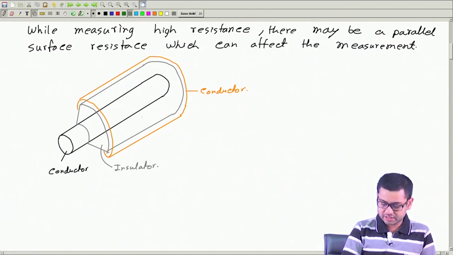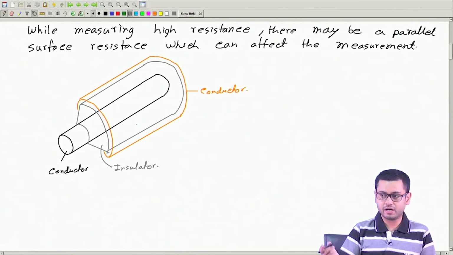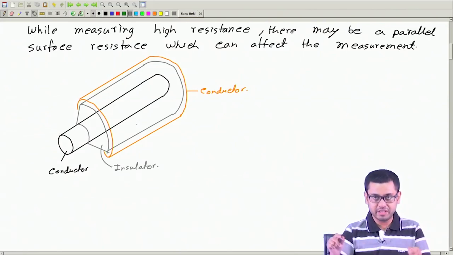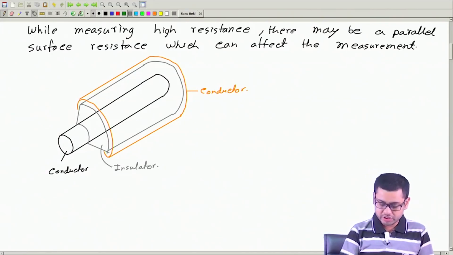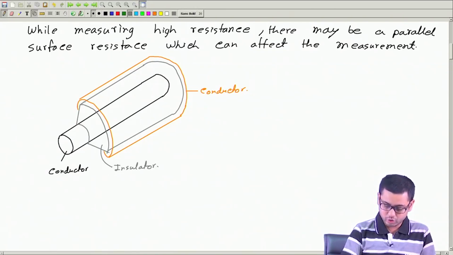You may have seen some similar coaxial cable if you have a cable line or a DTH line or anything, your television. So, in your television the cable that carries signal also is a coaxial cable, okay, which has a central core and the outer metal sheath, and there is some insulator between this.